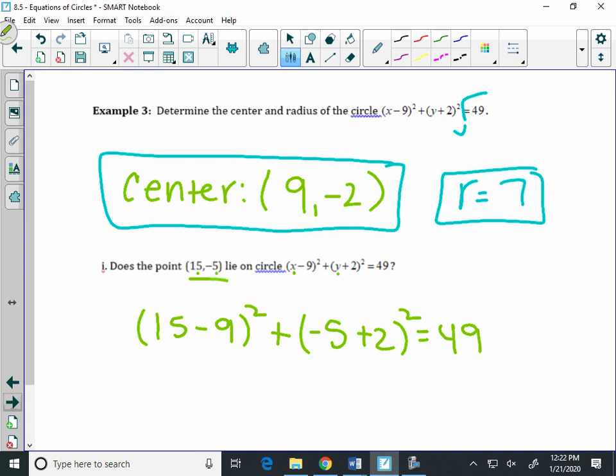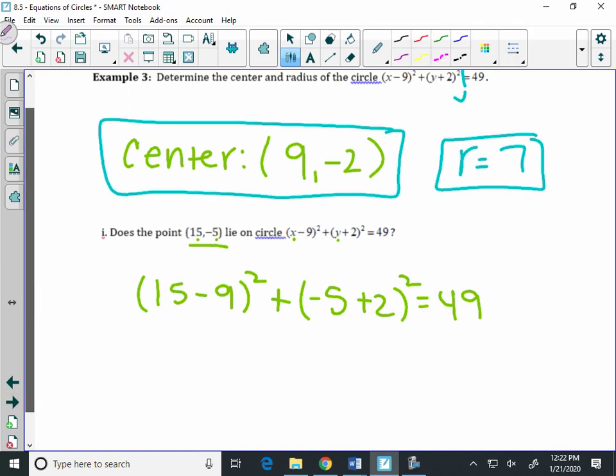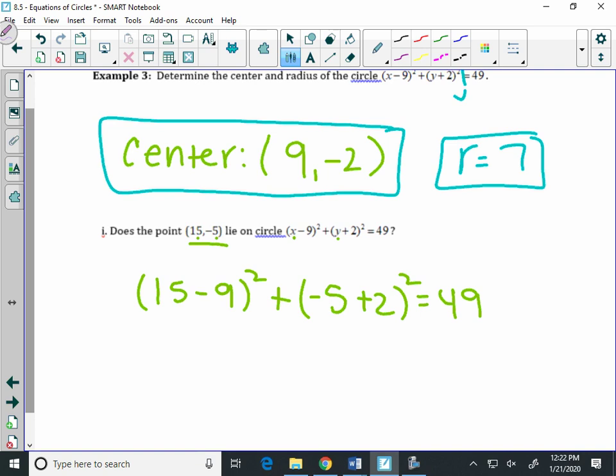And get 49. Simplify it down. What's 15 minus 9? What's -5 plus 2? And then you can go ahead and just plug that in. Make sure you put parentheses around the -3 when you square it.